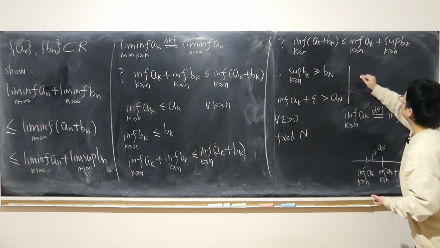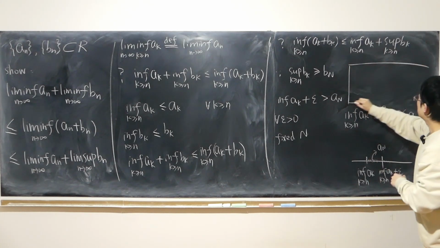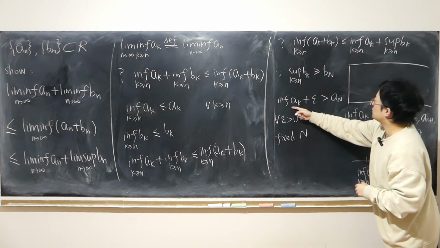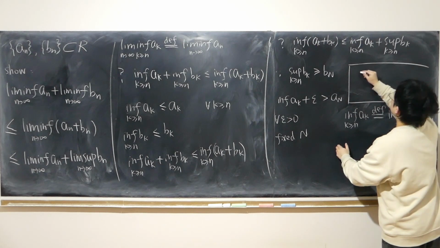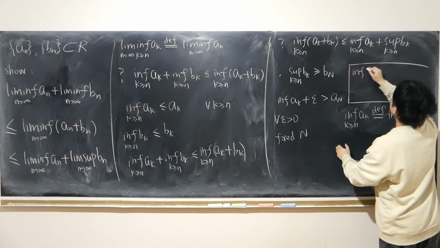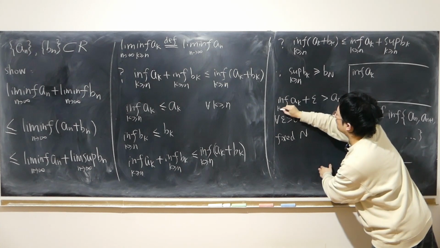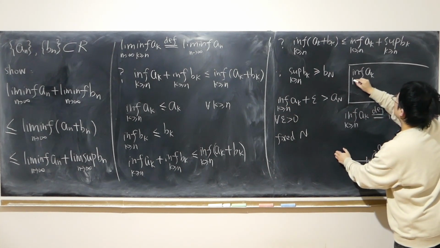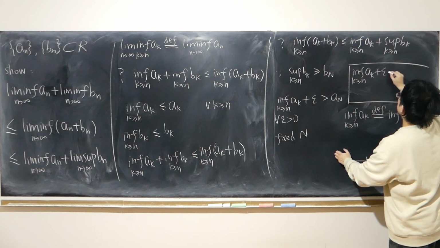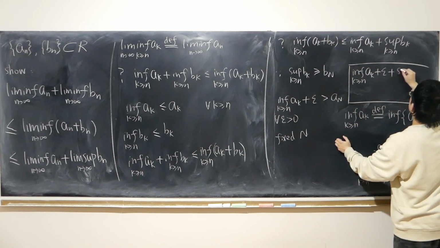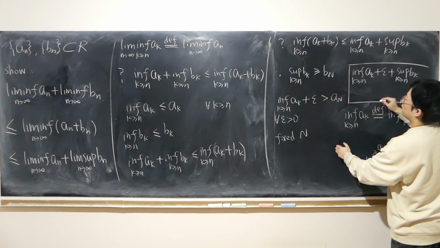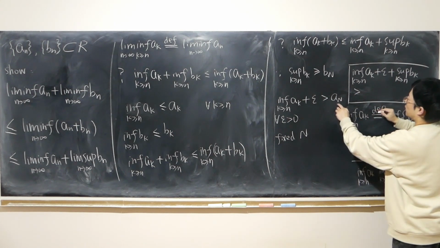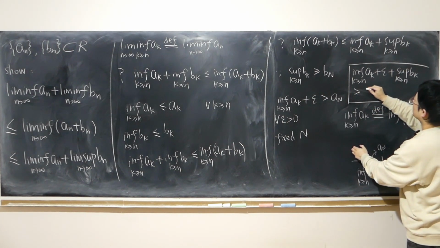Then we can do some interesting operation. This is bigger than that. This is bigger than, so add them up. The infimum of ak, k bigger than or equal to n, plus epsilon, plus the supremum of bk, k bigger than or equal to n, altogether is bigger than an plus bn, right?